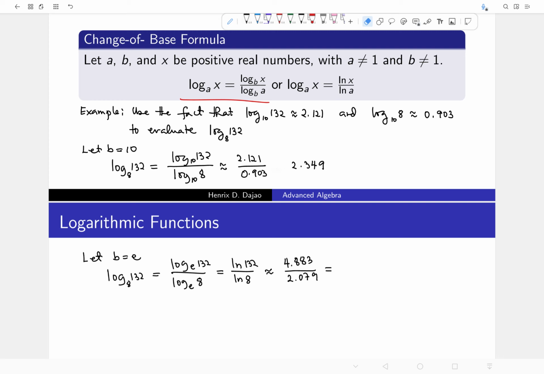I'm going to use approximate here since we are rounding off. The answer here is approximately 2.349. So we get the same answer.